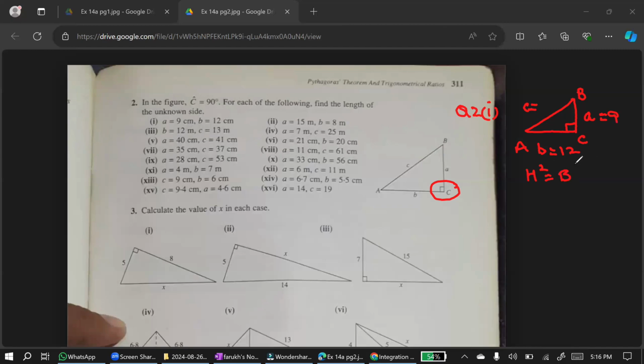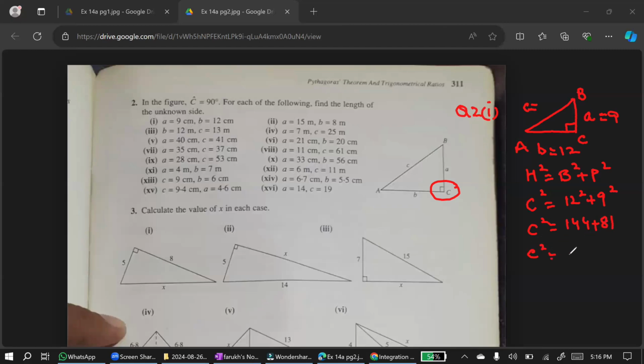Which side is hypotenuse? C. C square is equal to 12 square plus 9 square. C square is equal to 144 plus 81.